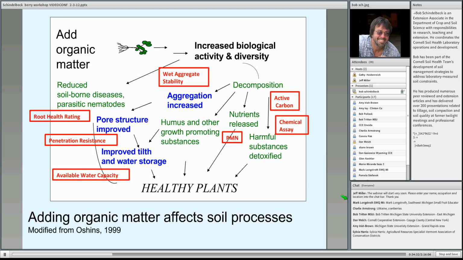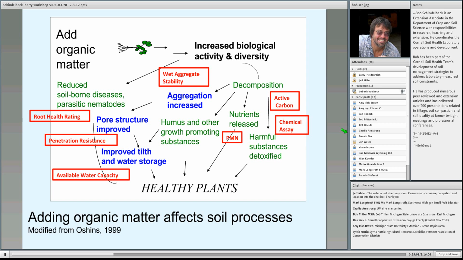Here we go. So back to the slide we saw before where we add organic matter. Again, these red boxes are all the different tests or analyses in the Cornell Soil Health Test, looking at these different soil processes. But again, I have to stress, we want to understand all this, but now we want to talk about how different organic matter sources and qualities are going to affect these differentially.